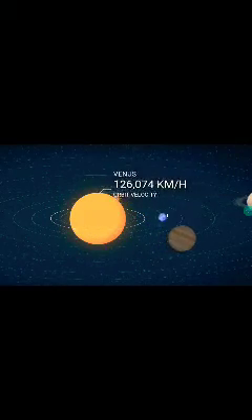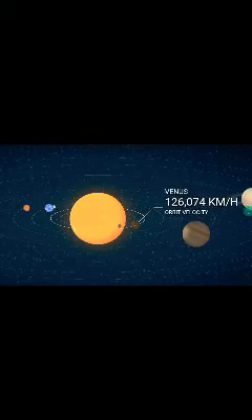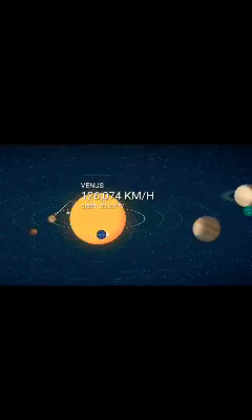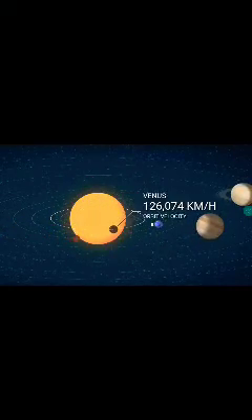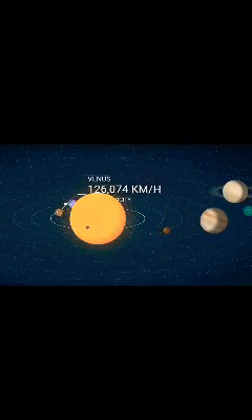It rotates around itself from east to west, and it is said that Venus is the hottest planet in the solar system.